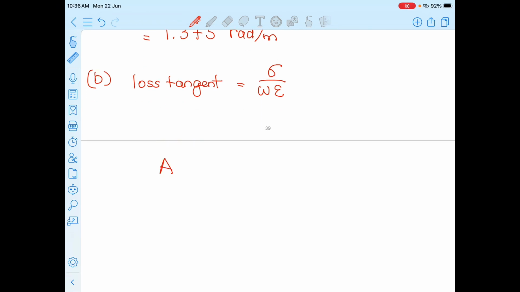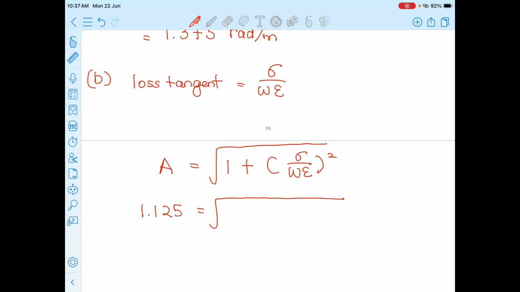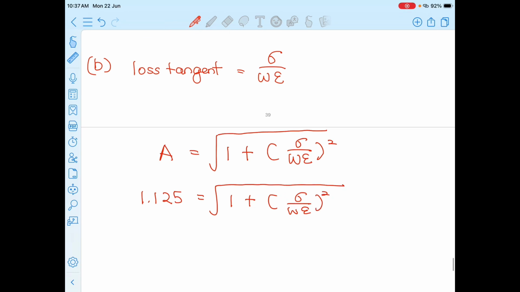So A equals the square root of 1 plus sigma over omega epsilon, squared. From our calculations, we know A is 1.125. So let's try to figure out what our loss tangent is.